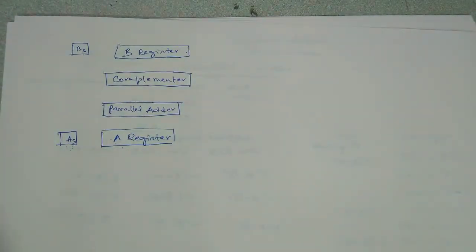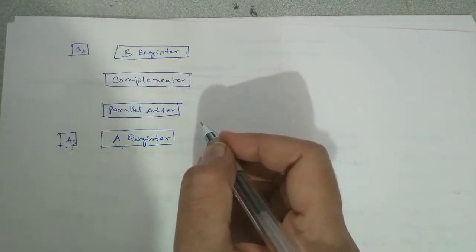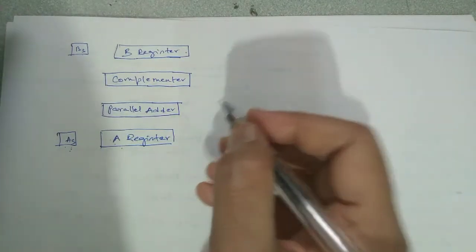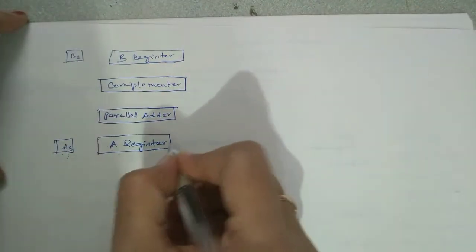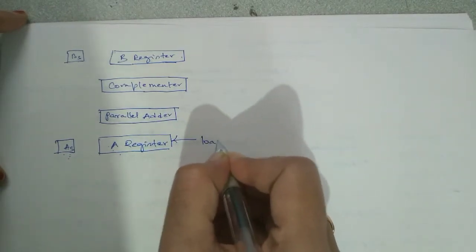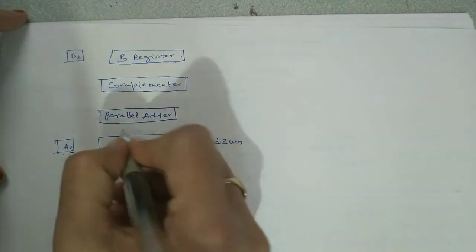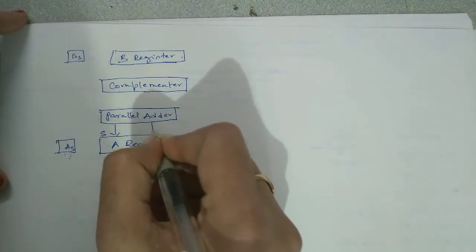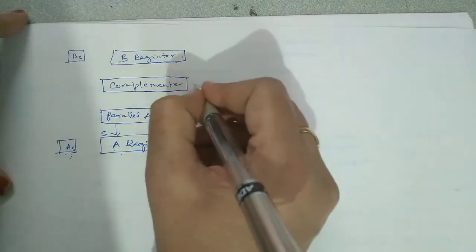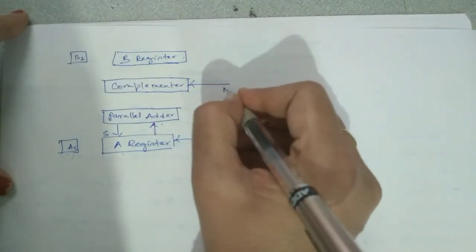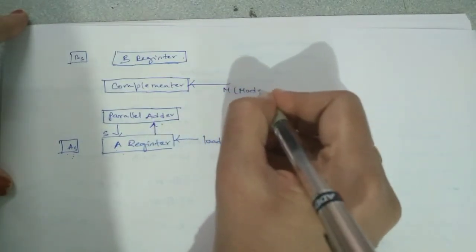Then here is load sum. The output which we are going to get is S. Mode M is the mode control.